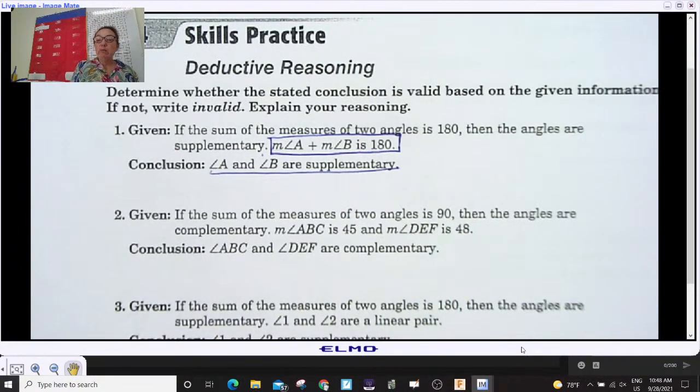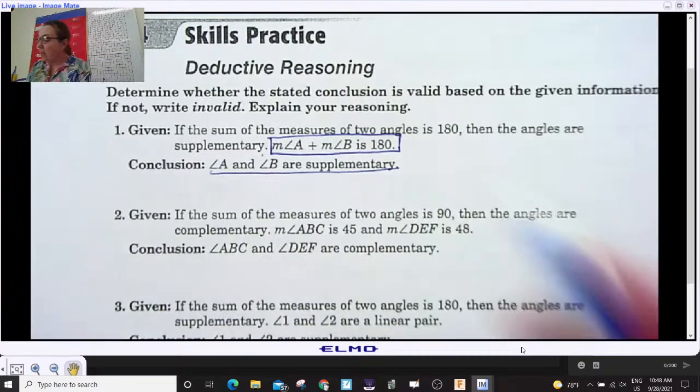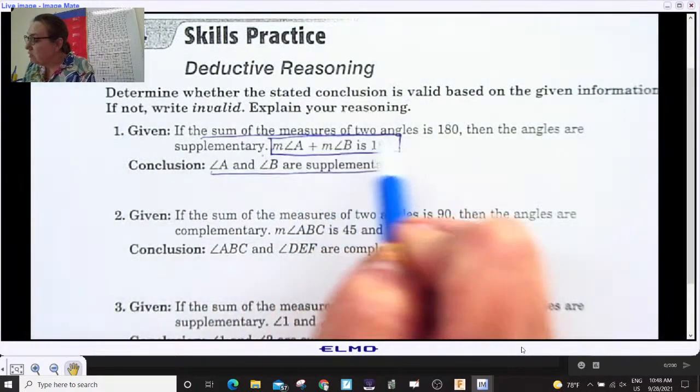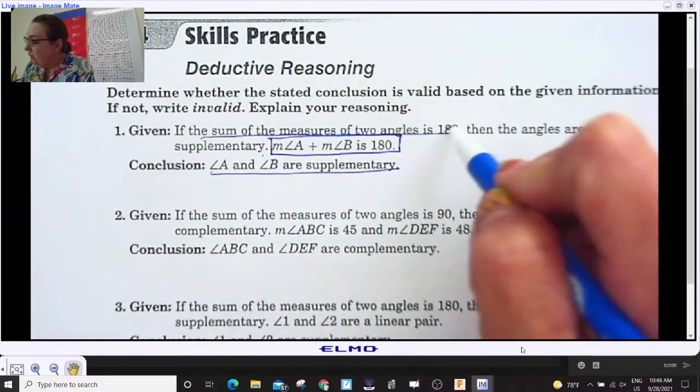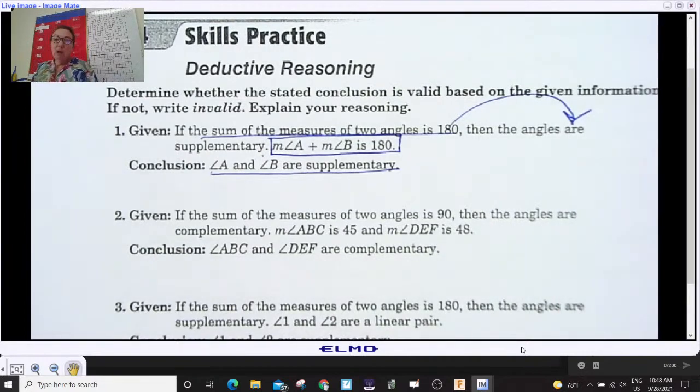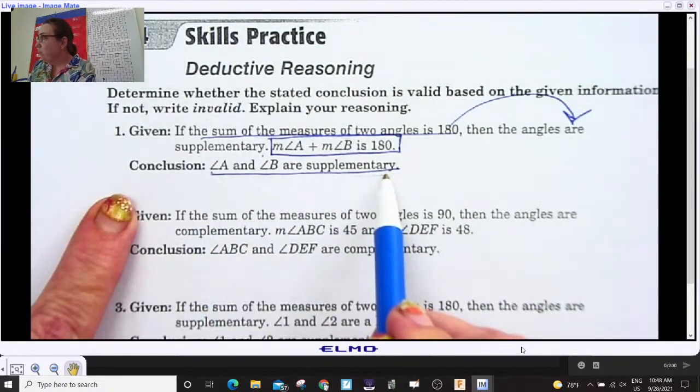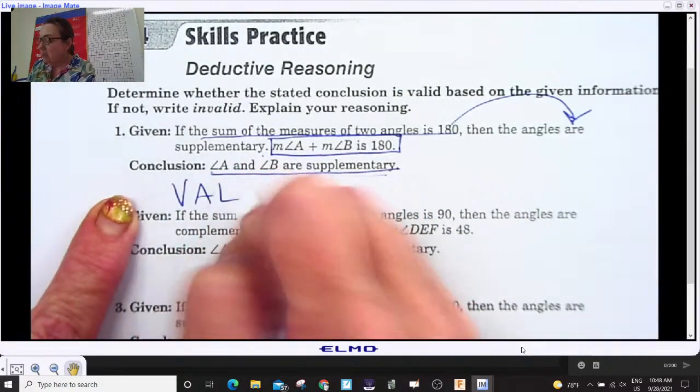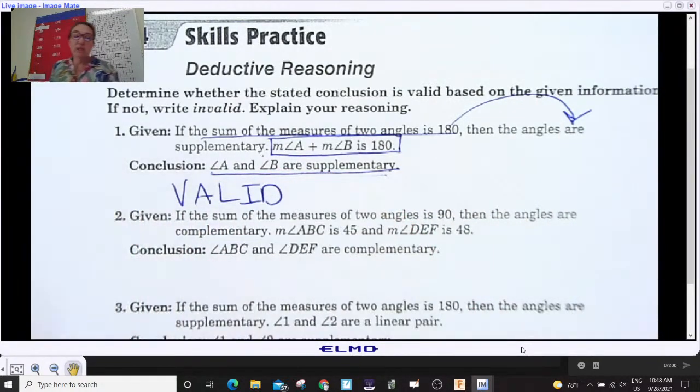Angle A and angle B must be supplementary. How do we know that? Because if the sum of the measures of two angles is 180, then the angles are supplementary. Do y'all see how that works? So, is this conclusion that they put true? Yes. So we would say it is valid. We say it's a valid conclusion.